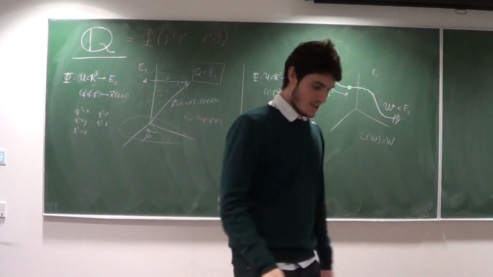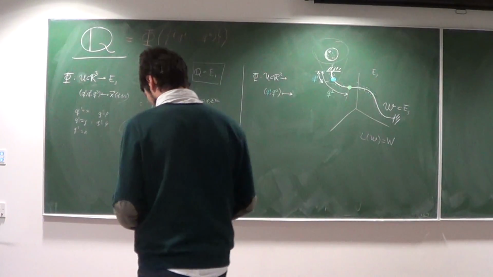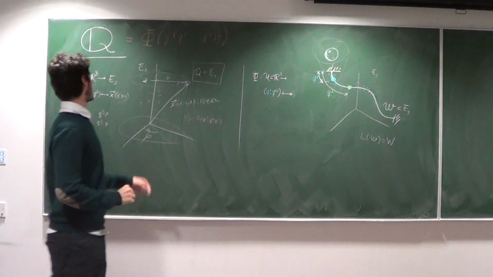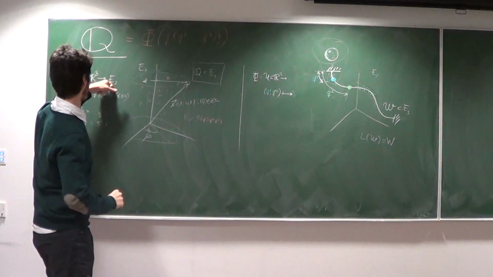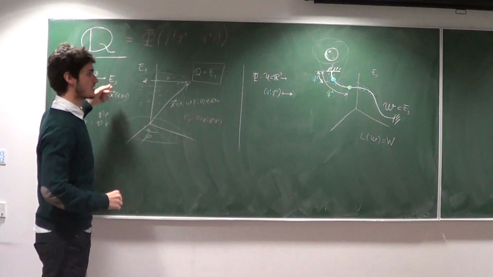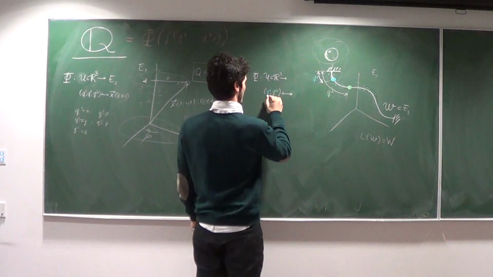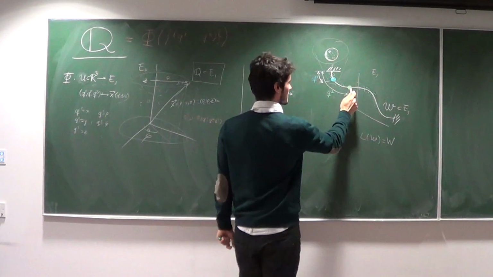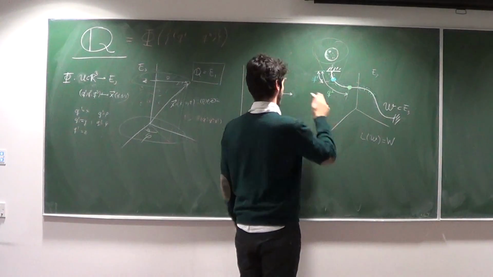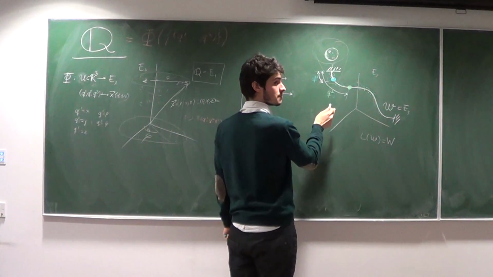So now we see that there's something funny going on with the definition of this thing, being always mapping into E3, right? Because now these two things are not mapped to a single point of E3. One is, and the other one is as well.